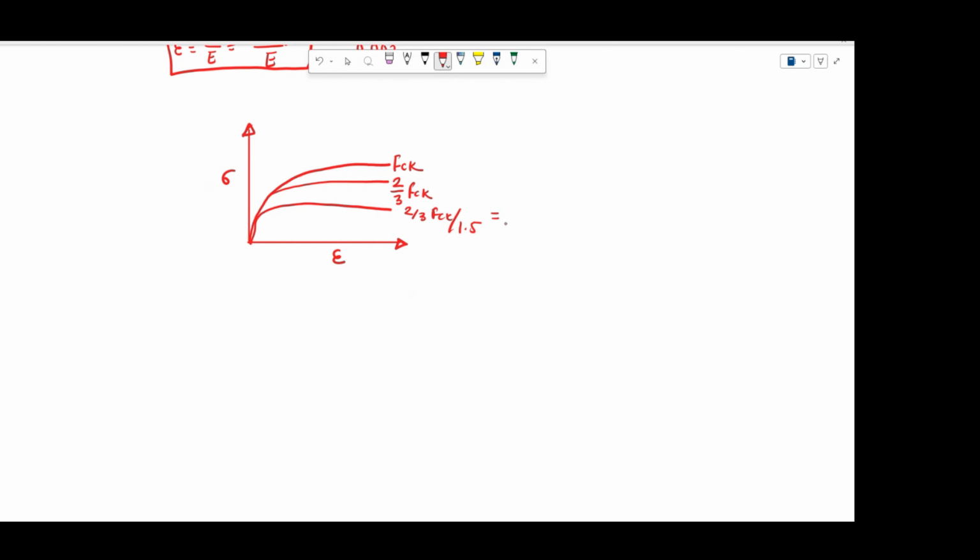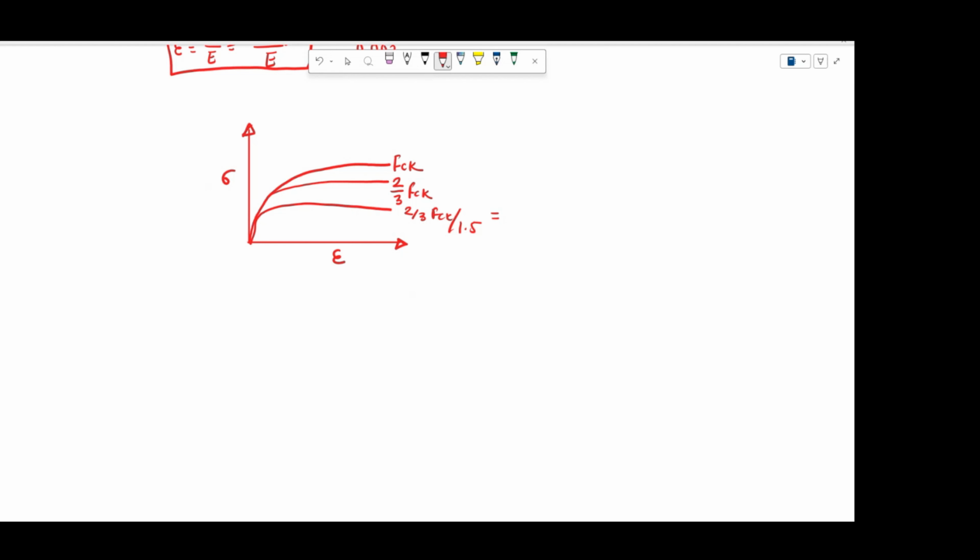If you calculate all these values, you'll come to know. Let's do it instantly. Two-thirds comes out to be 0.67.